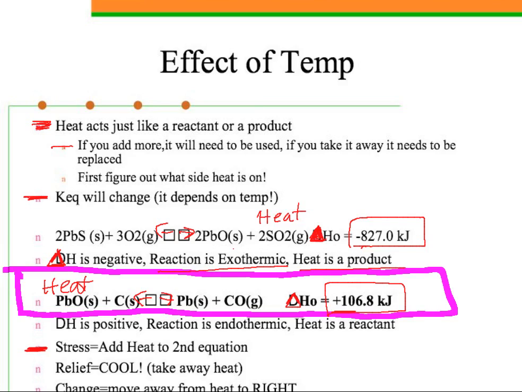The relief that the reaction will need to go through is to cool it down, take away the heat. Since the heat is on the left-hand side of the equation, it will need to move to the right to get rid of the heat. So it'll need to use up the heat and move to the right. There's our example of temperature.